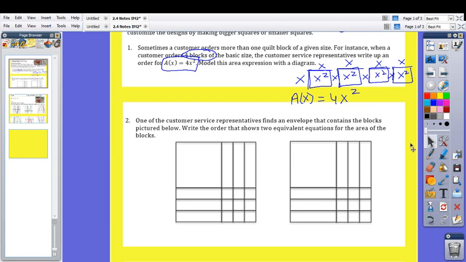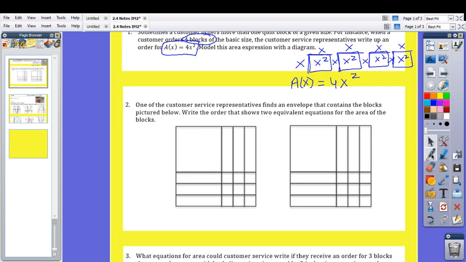Now let's do the second one. And in that one, the customer service representatives, they find an envelope that has these 2 blocks. Okay, and then if we write down the equivalent equations for the area for these, so you can see they are 2 exactly same looking blocks.